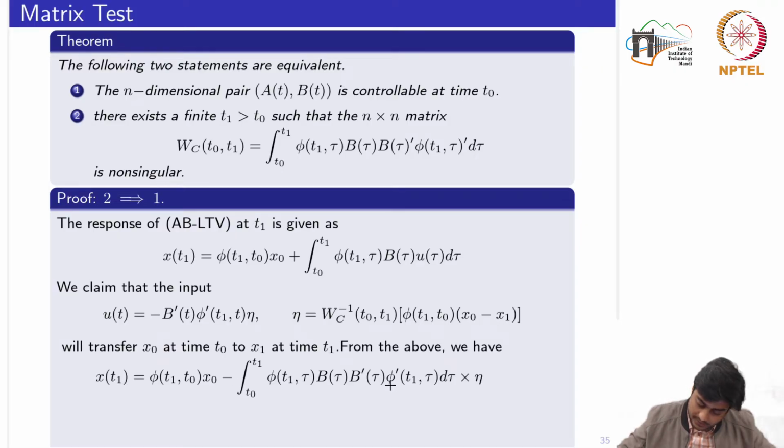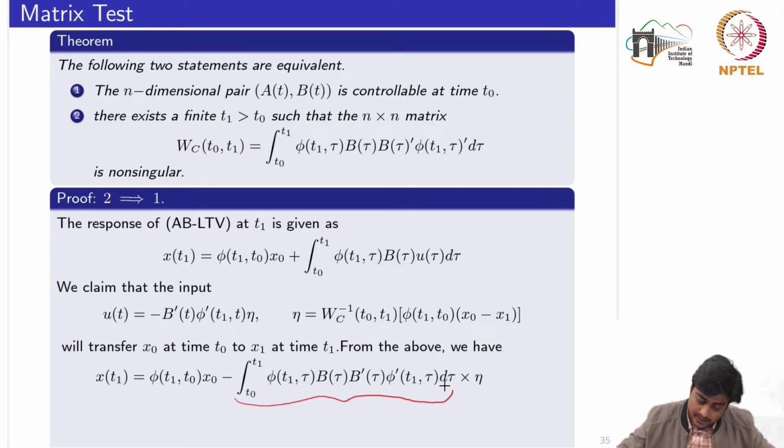Applying this value, it would be this one, since eta is a constant vector. It is not a function of time, it is a function of the specific times. So all these entries in eta would have a definite value. That's why I can take this eta outside this integral, which I am integrating over tau. Now see some similarity.